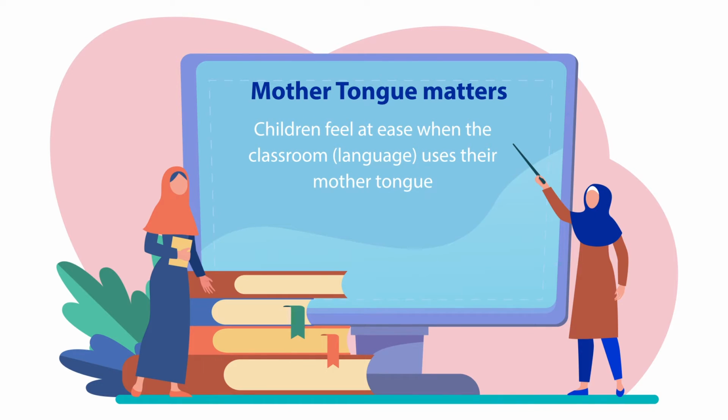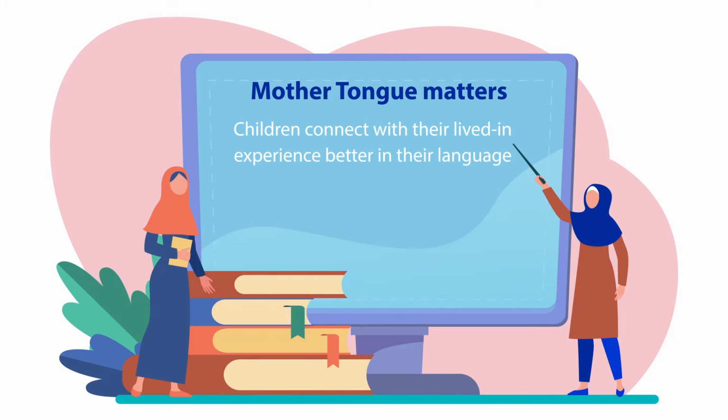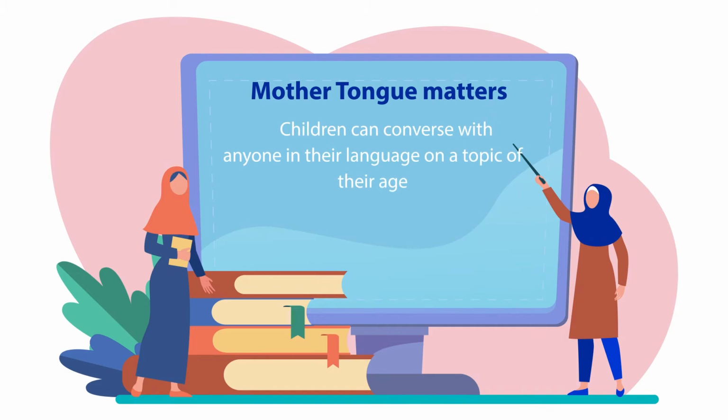Children also feel at ease when the classroom uses their mother tongue, not only as a medium but by any means. Children connect with their lived-in experience better in their language than in any other language, particularly in primary school. When a teacher tells children in the mother tongue, children will be much more attached and will be able to understand better than others. Children can converse with anyone in their language on a topic of their age.